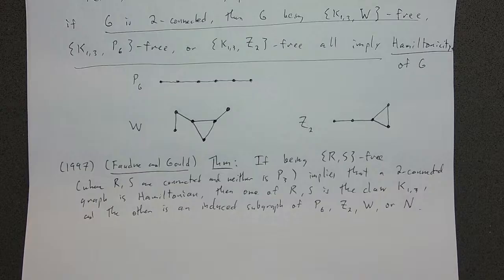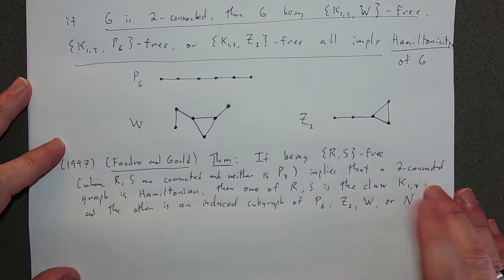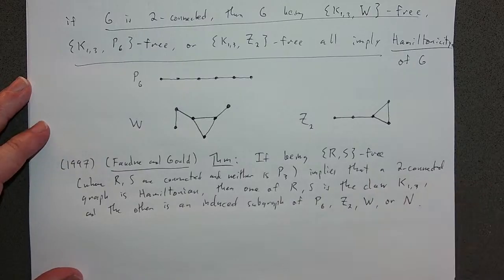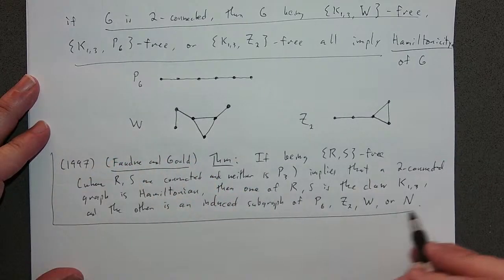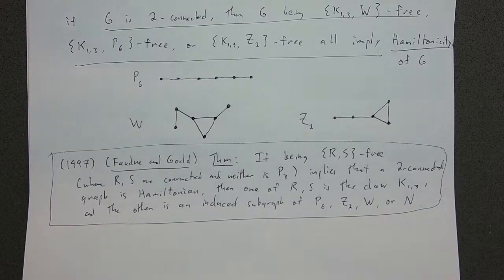Okay. So this says that basically any result that you find on these forbidden subgraphs is going to have the claw in it. So that is why it is showing up.